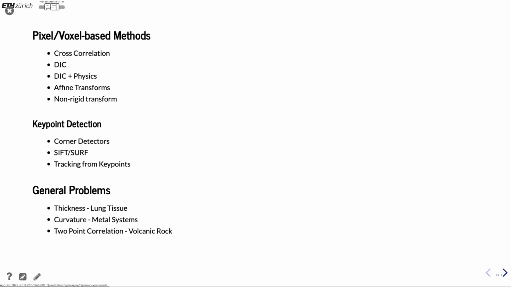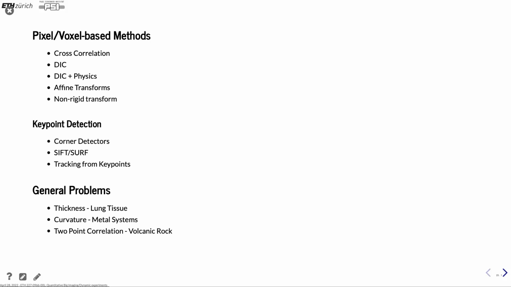So there are different methods. One is pixel or voxel based. That would be cross correlation, digital image correlation, even adding some physics to it, applying transformations, affine or non-rigid transformations. Another way is to make a more abstract analysis. Then we look at key point detection.